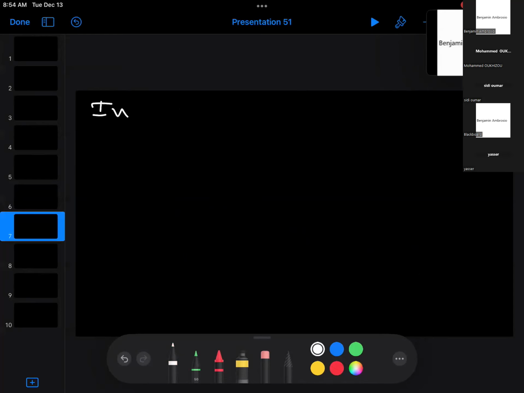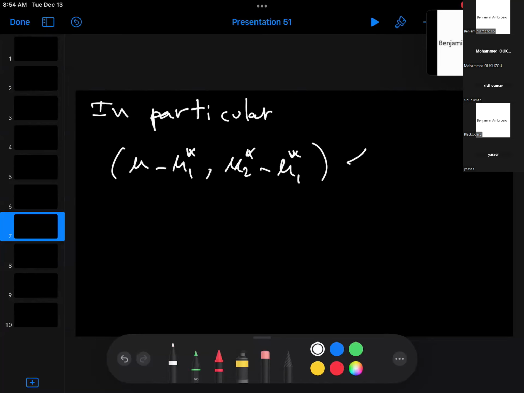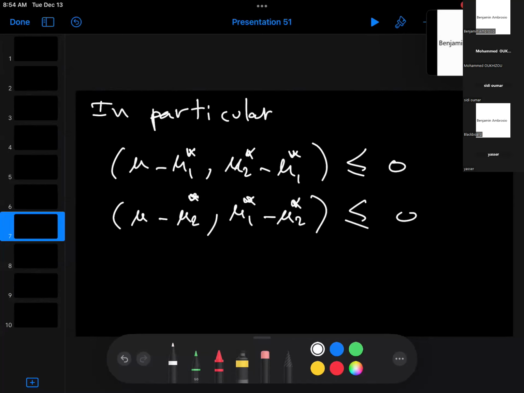So in particular, we can write that the scalar product of U minus U1 star and U2 star minus U1 star is non-positive, and the scalar product of U minus U2 star and U1 star minus U2 star is non-positive.